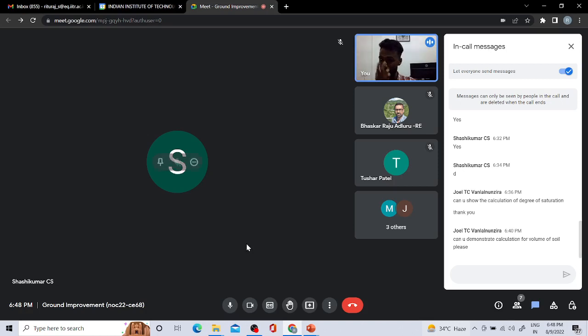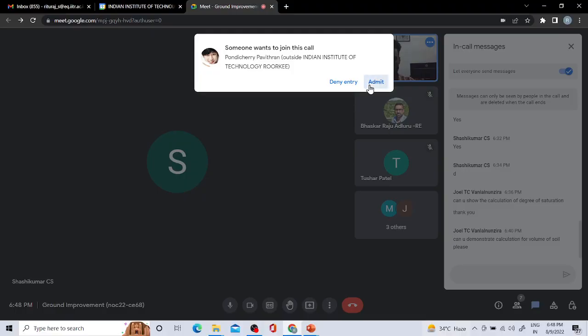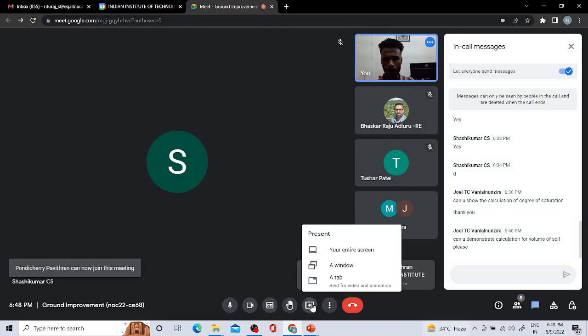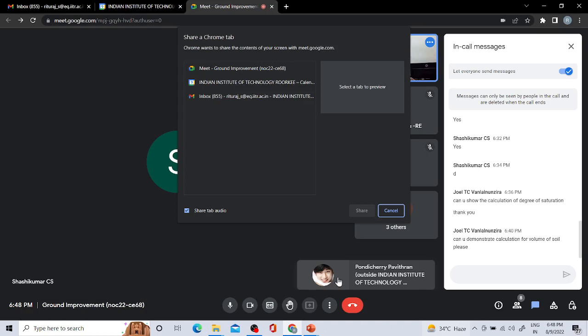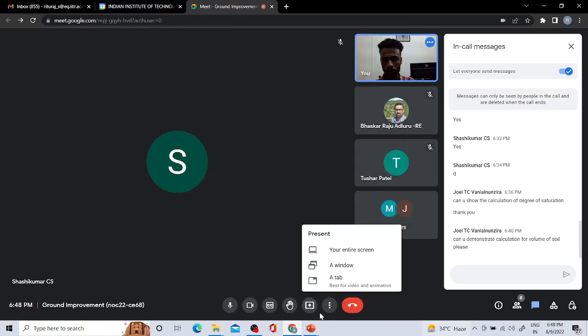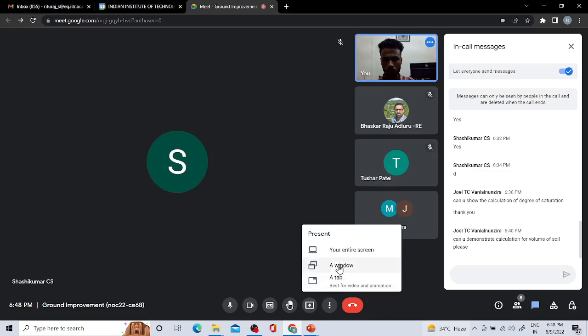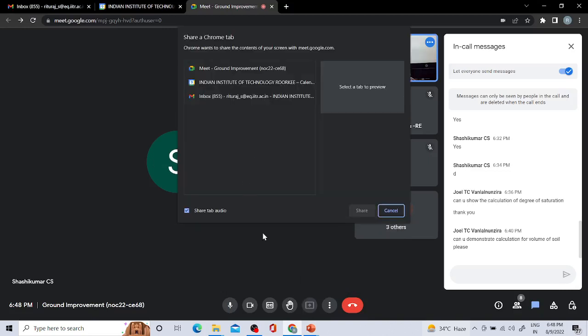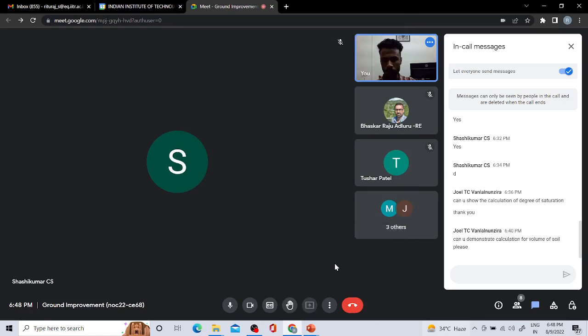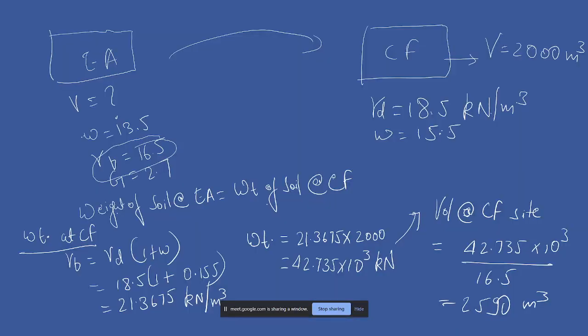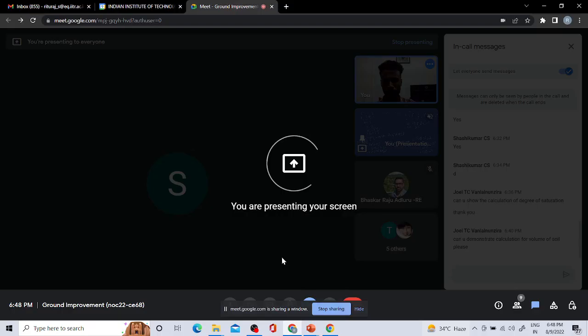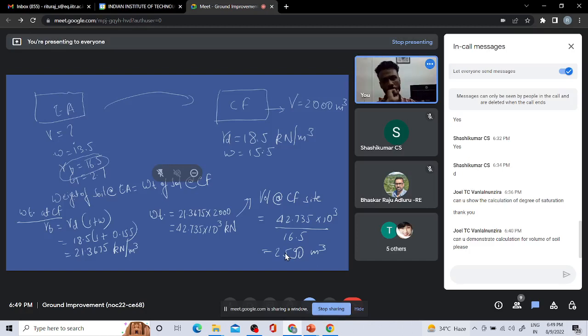Any query in this, regarding the weight of the soil? One second. Was my slide not visible earlier?